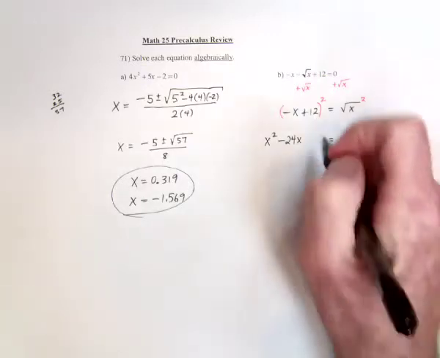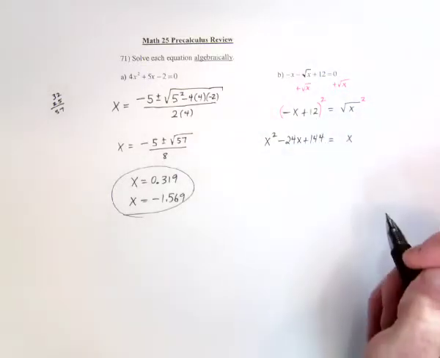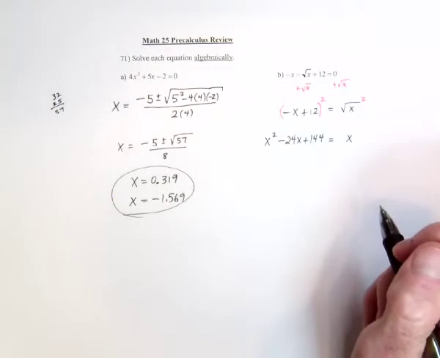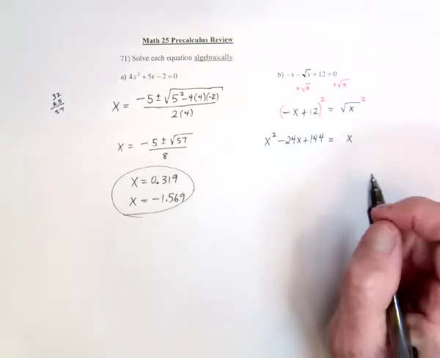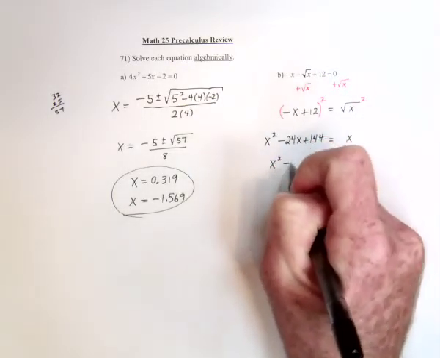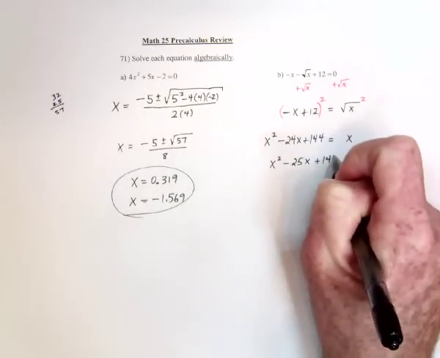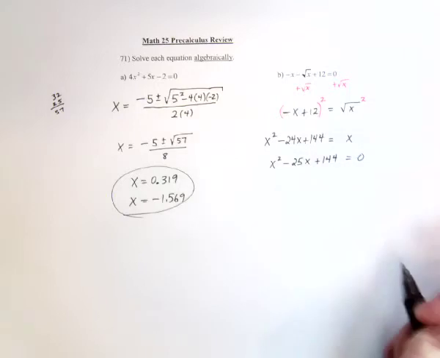And then 12 squared is 144. So this one is quadratic. We're going to need to use the quadratic formula again, but we need to get everything on one side, so subtract x from both sides. There's x squared minus 25x plus 144 equals 0.